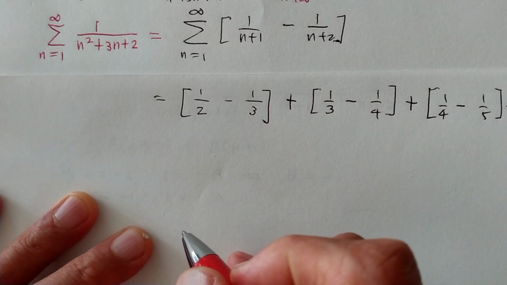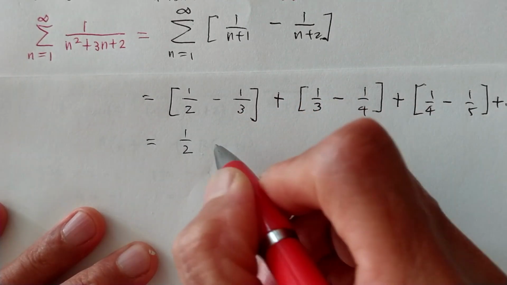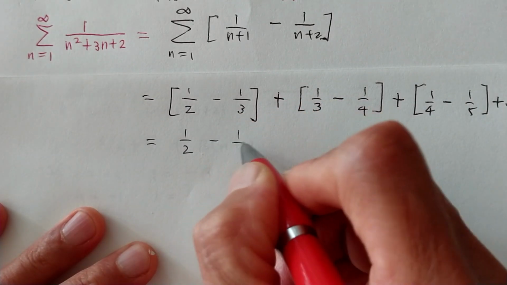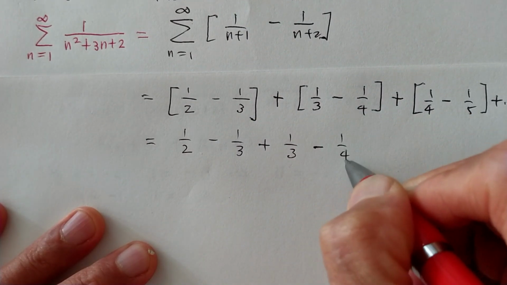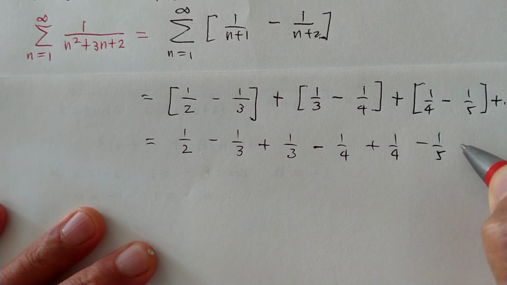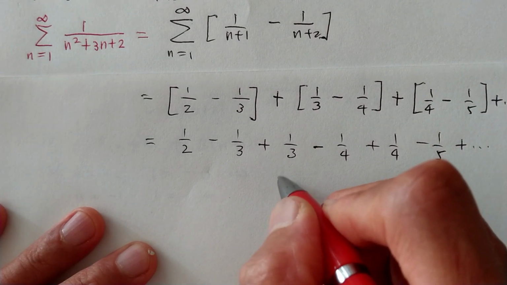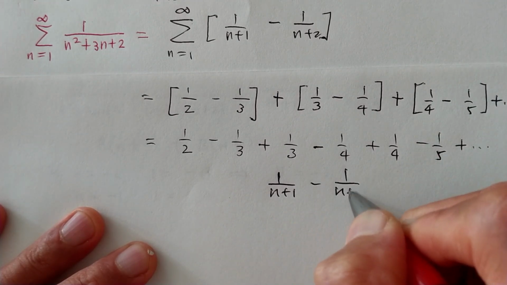Now you can see that we can regroup our terms and get 1/2 minus 1/3 plus 1/3 minus 1/4 plus 1/4 minus 1/5, and if we continue, we should get 1 over n plus 1 minus 1 over n plus 2.